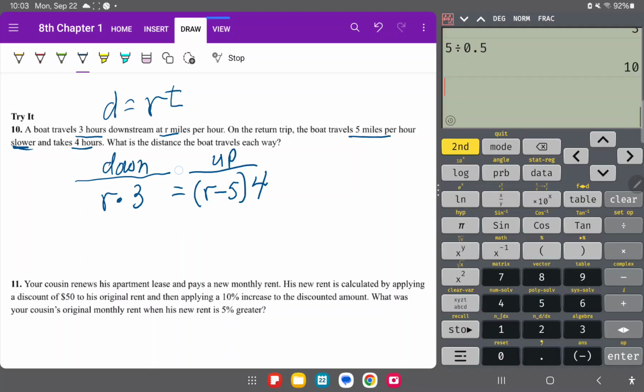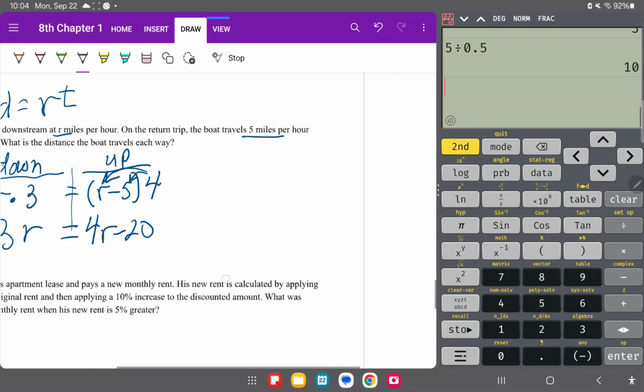All right, so this is 3r equals, then we have to distribute 4r, and then 4 times -5 is -20. So that's 3r is equal to 4r minus 20.